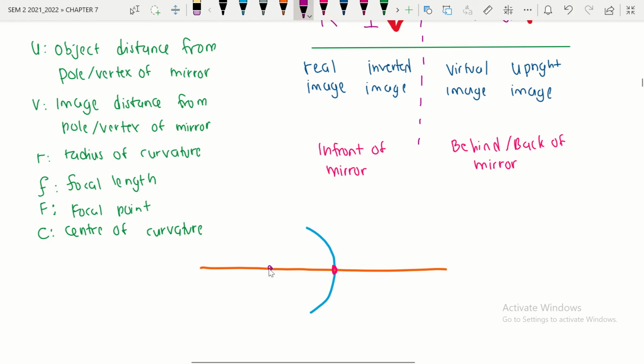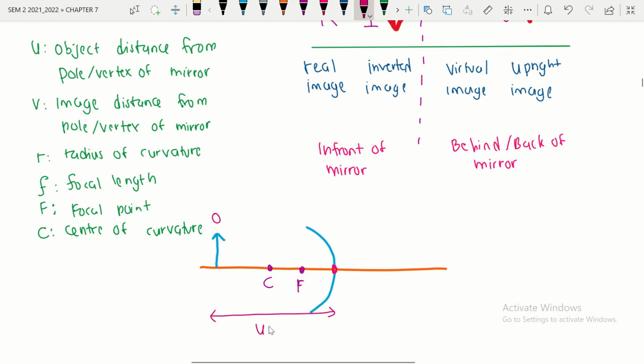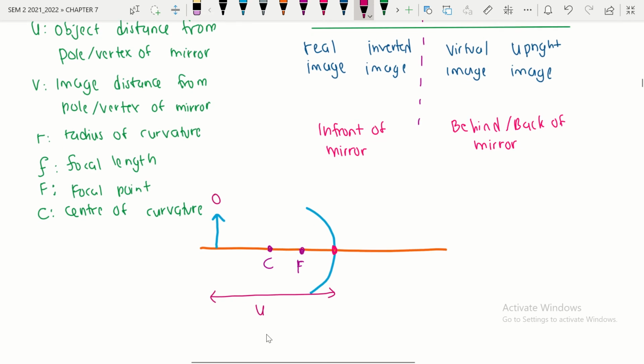Okay, kat sini C kita dan dekat sini akan jadi focal point kita. Okay, now contohnya kalau Miss letak objek Miss dekat sini. Okay, daripada objek, so from the object sampailah ke vertex of the pole, kita kata dia object distance. Dia adalah object distance from pole vertex of the mirror sampailah object. So kita akan label dia sebagai U.